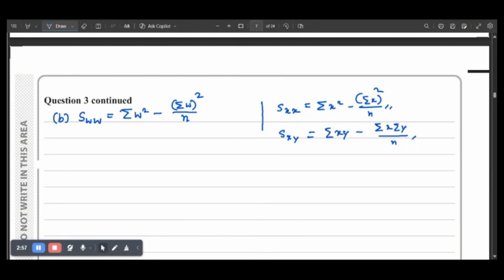These are the two formulas we need. In our case, we need to find SWW. As the two variables are the same, we will use the sum of w square and subtract from it the sum of w whole square divided by n.